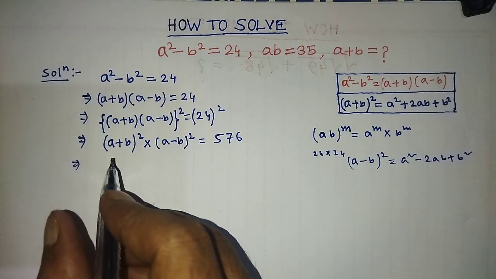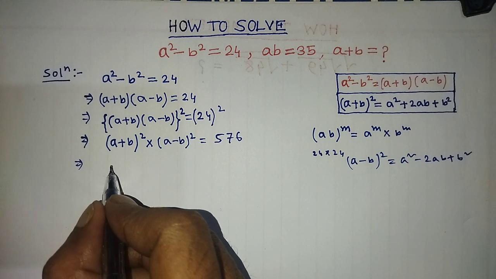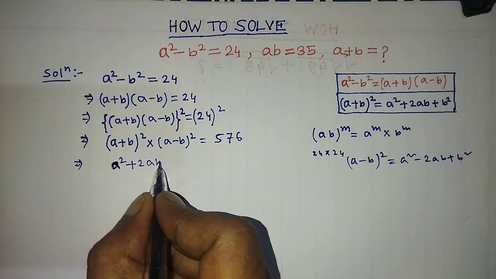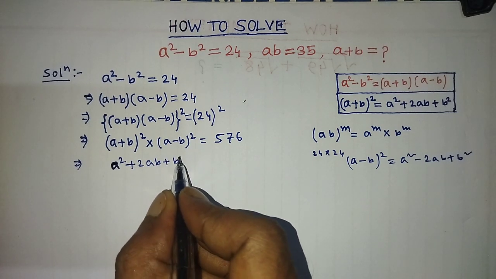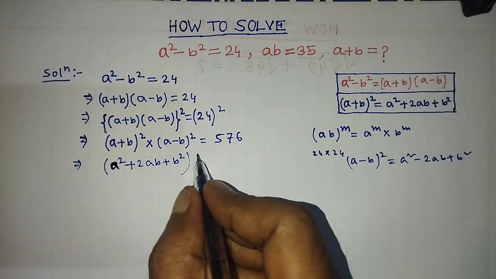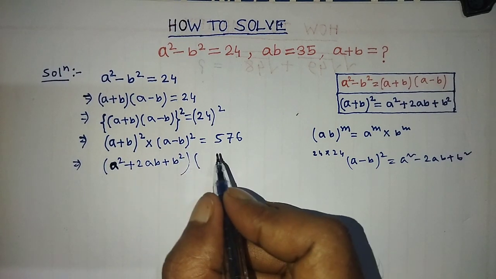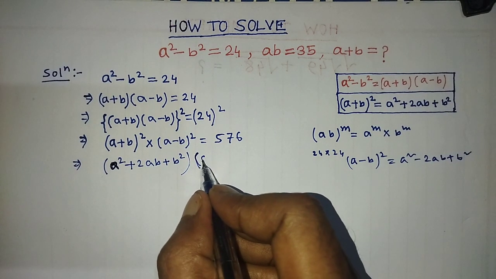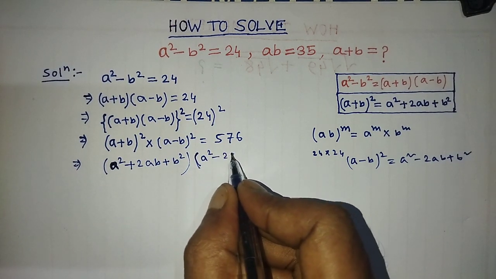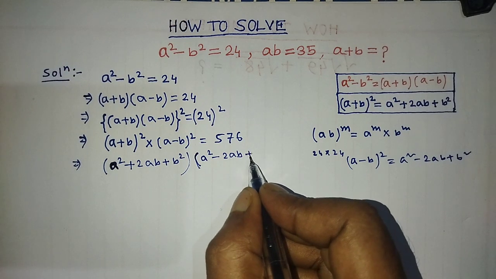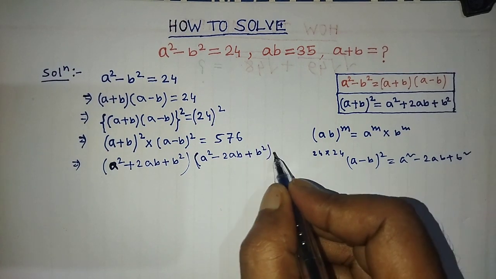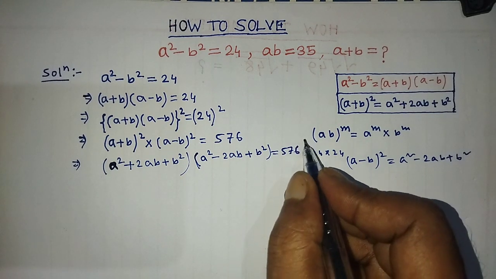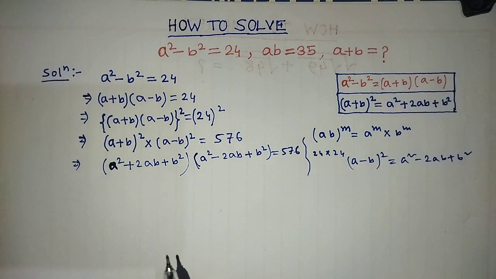So we can write a square plus 2ab plus b square, and in the place of a minus b whole square we apply this formula, so we can write a square minus 2ab plus b square is equal to, again we write 576 on the right hand side of this equation.